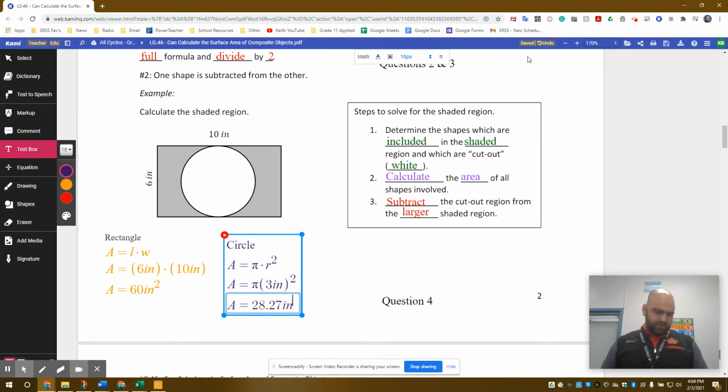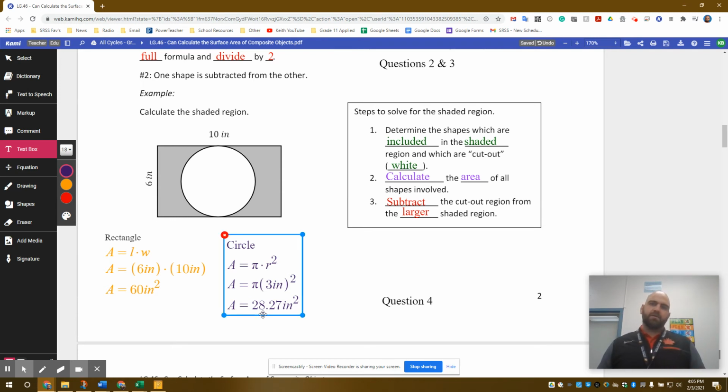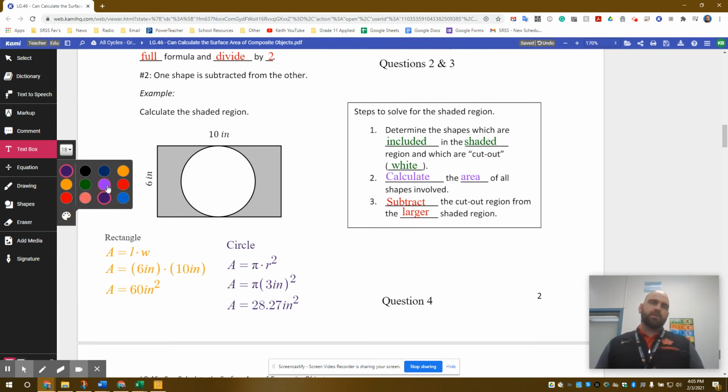28.27 inches squared. Something to be aware of here: you look at this circle, and we can tell that the circle definitely has a smaller area than the rectangle, because we're going to subtract the circle from the rectangle. So our answer had better be lower than our area for the rectangle. It is, and so we can move on from there, but we have to make sure about that.